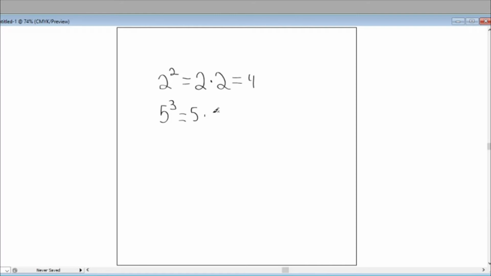So it's 5 times 5 times 5. So 5 times 5 is 25, times another 5 is 125. Or we say that 5 cubed ultimately becomes 125. Again, very simple. We already know how to do this.